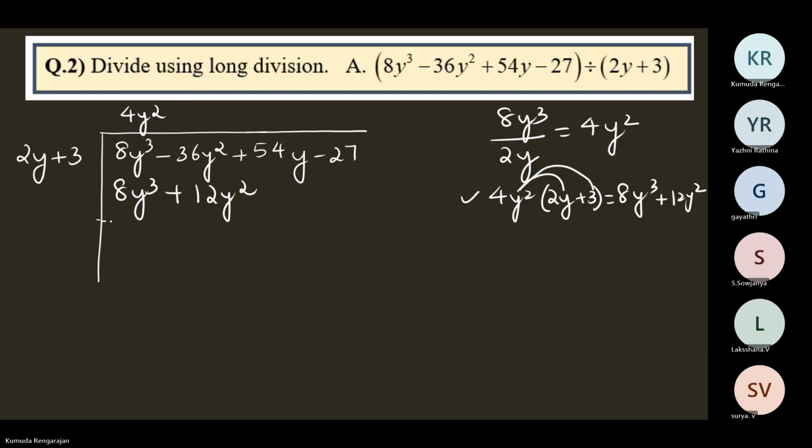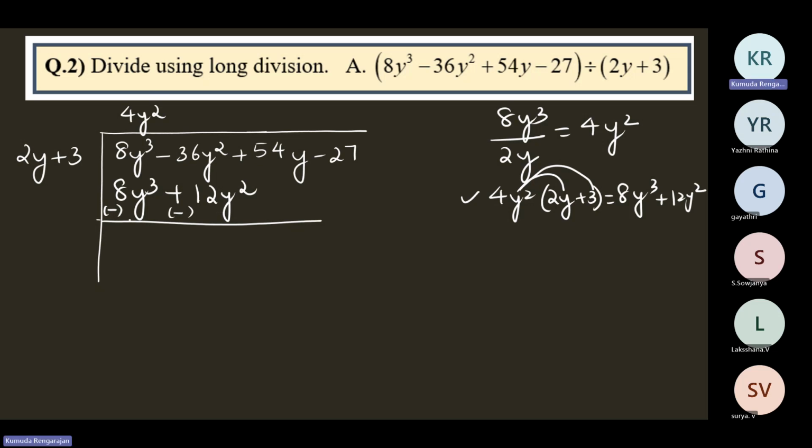Now subtract. Subtract meaning change the signs of all the terms in the bottom row. So plus 8y cubed becomes minus 8y cubed, and plus 12y square becomes minus 12y square. So we have two terms, change the signs, write the opposite signs.